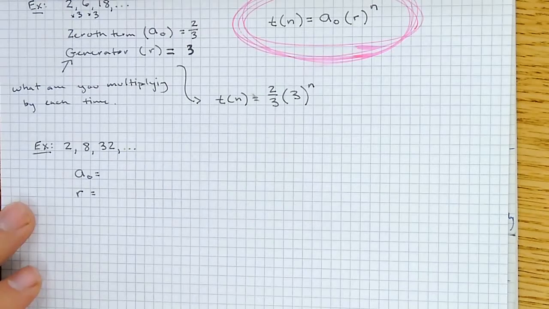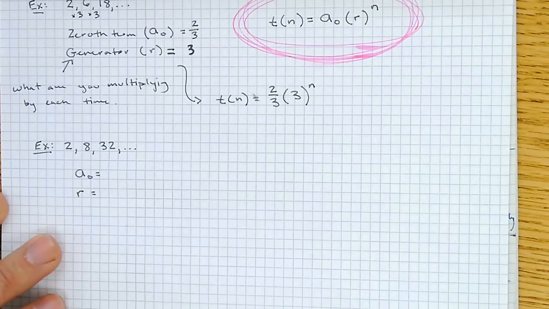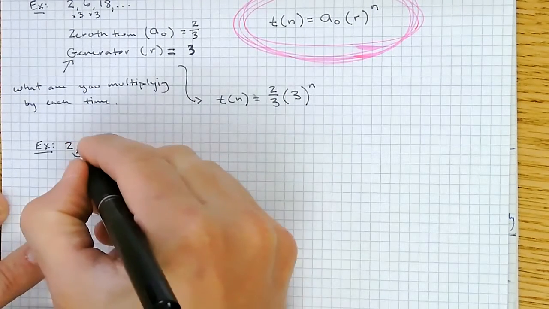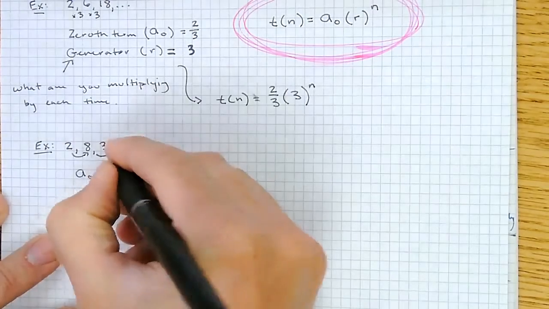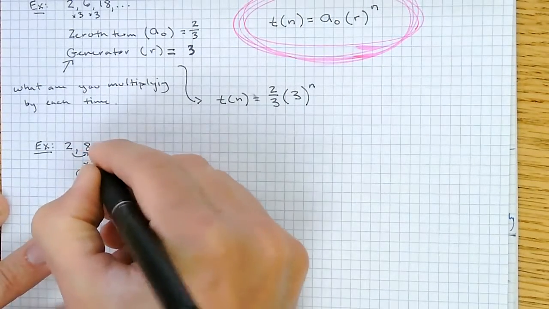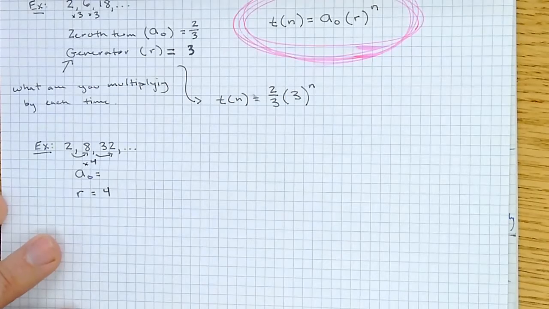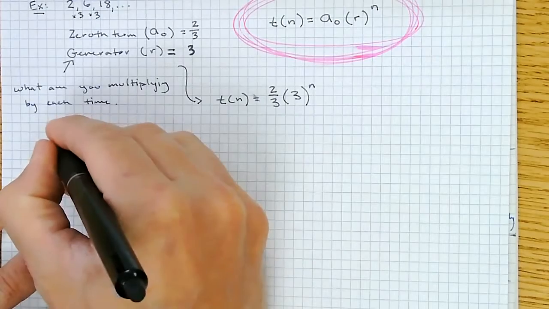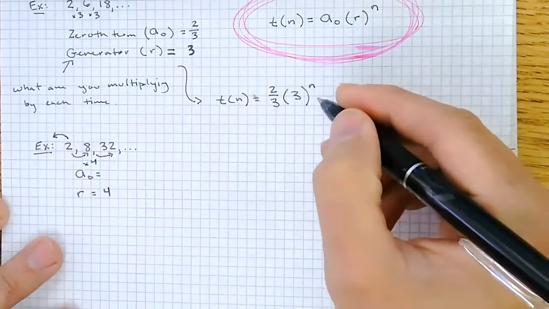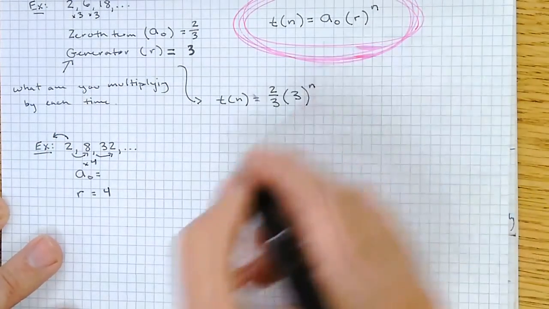All right, another one: 2, 8, 32. We're multiplying by 4, so that'll be our r value. Work backwards to find our 0th term.